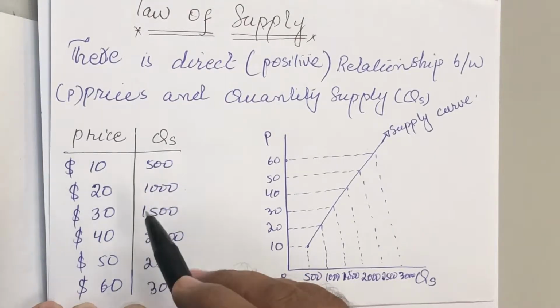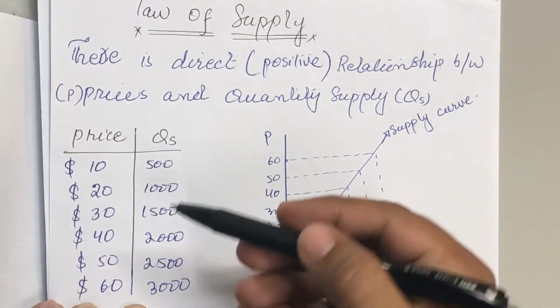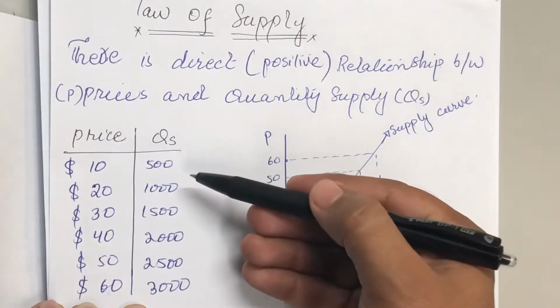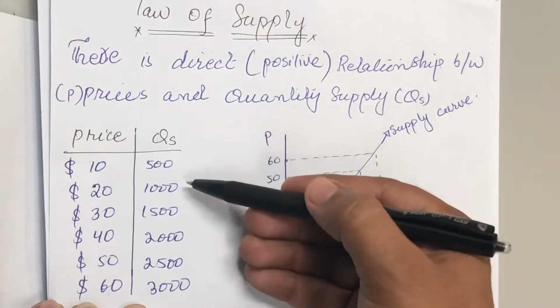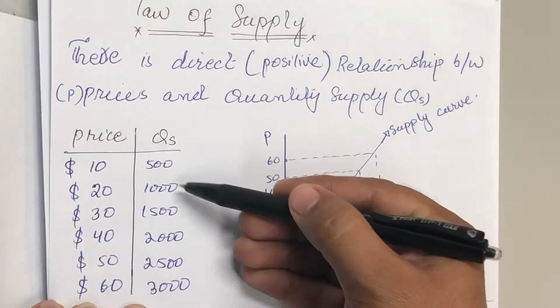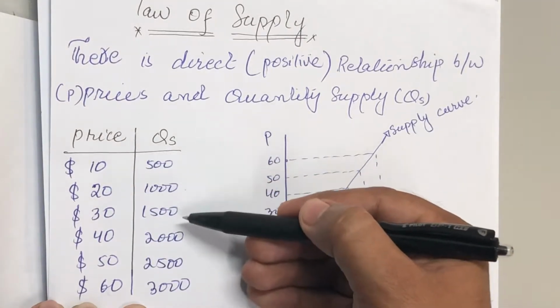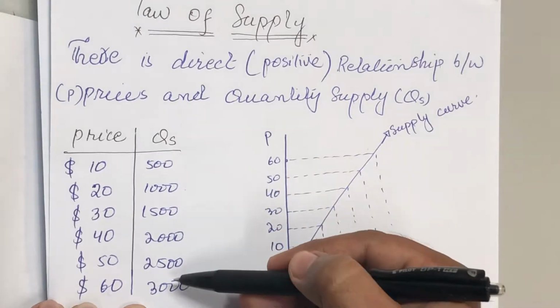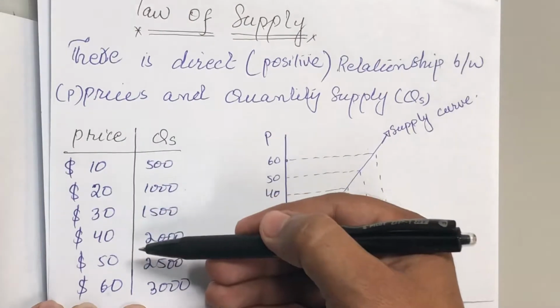As price increases from 10 to 20, the producer gets an incentive to sell more, so the producer will increase the quantity supplied. Similarly, as the price is increasing, the supply from the producer is also increasing. So this exactly shows the positive relationship.